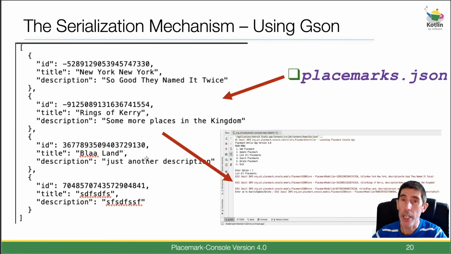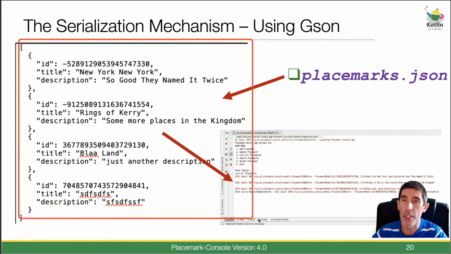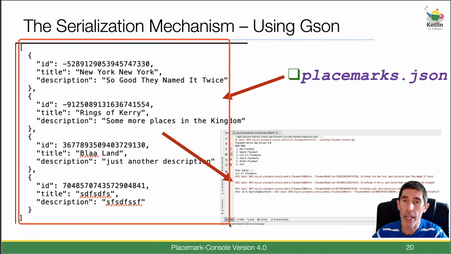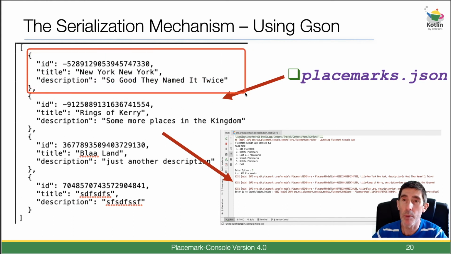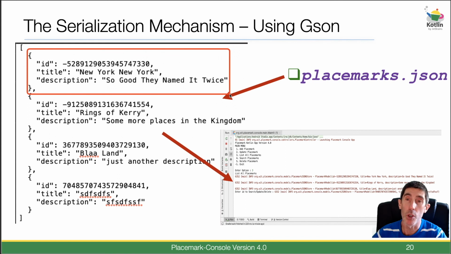This is what it actually looks like. Here are the square brackets again, just to recap on the whole JSON syntax: square brackets identify an array, whereas curly brackets identify a particular object. So when we set our pretty printing, here's one particular JSON object. That would evaluate to one PlaceMark model object that would have been inside our placemarks mutable list.